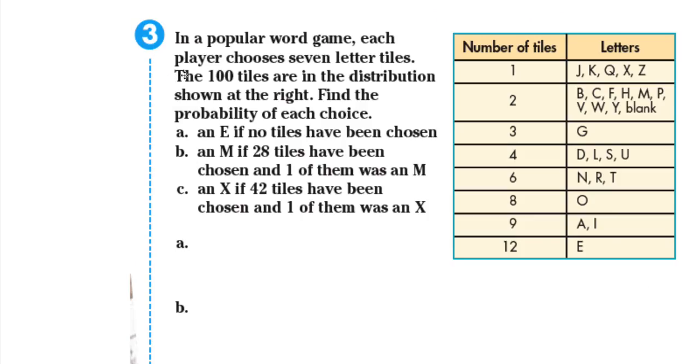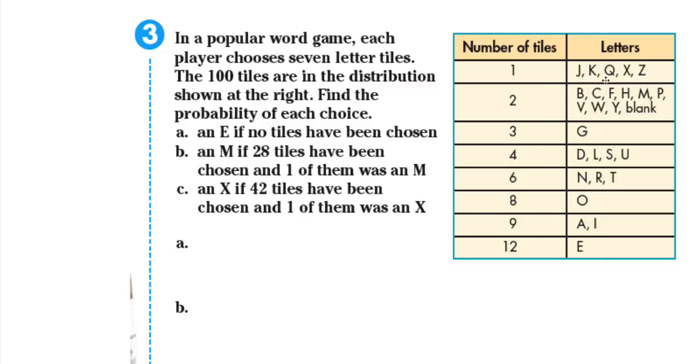In example number 3, in a popular word game, such as Scrabble, each player chooses 7 letter tiles. The 100 tiles are in the distribution shown at the right. Find the probability of each choice. So these are all your distribution of tiles in Scrabble.